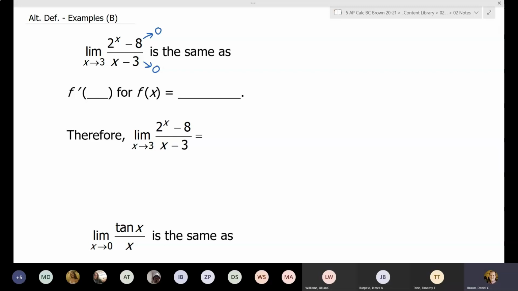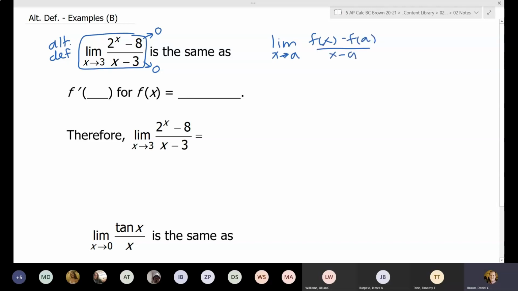But what you can recognize is that this statement is the alternate definition of the derivative, which I'm going to rewrite up here. So we have the limit as x goes to a of f of x minus f of a all over x minus a.